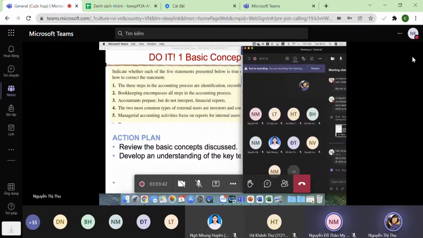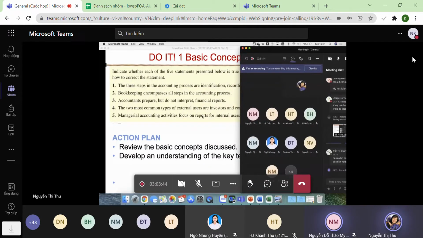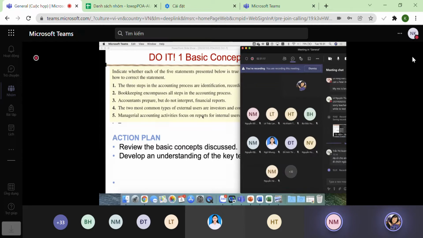Okay. We continue now. Maybe at the first section of this class, we have something that is still not clear now. So now we review something. For example, how many activities in the accounting process? 3. Identification.